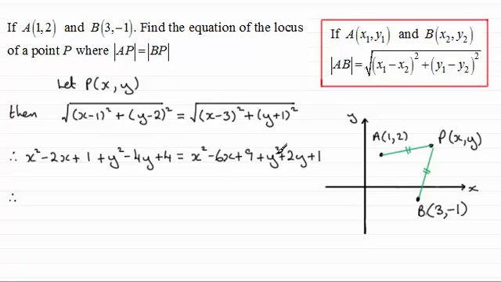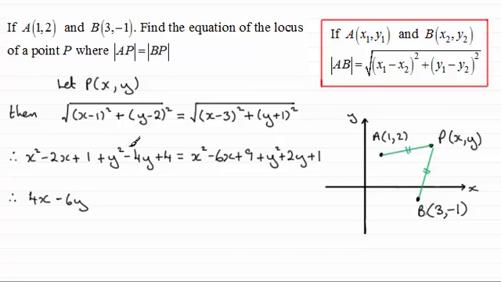And then if I look at just collecting the x terms on the left-hand side, add 6x to both sides, we get 6x minus 2x, that's going to be 4x. And then for the y terms, we're going to end up with minus 4y minus another 2y, so that's going to be minus 6y.